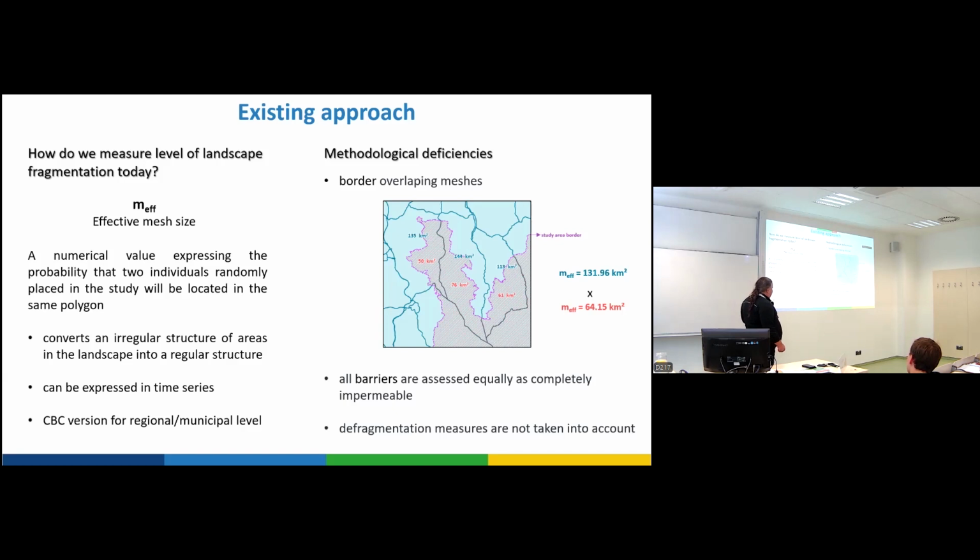Another one, maybe the worst, is that all barriers in this model are assessed as equal. Given 1,000 cars per day on the road, the model treats it as an unpassable barrier, but in reality, a road with 1,000 cars per day is not really impermeable.